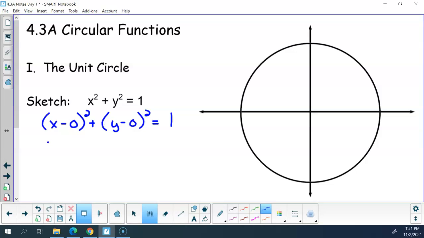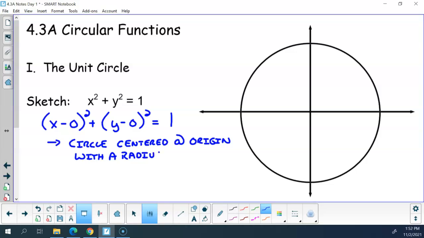This is a circle centered at the origin with a radius of 1.